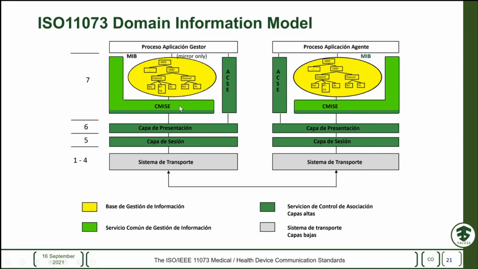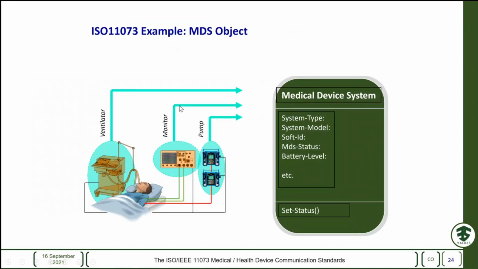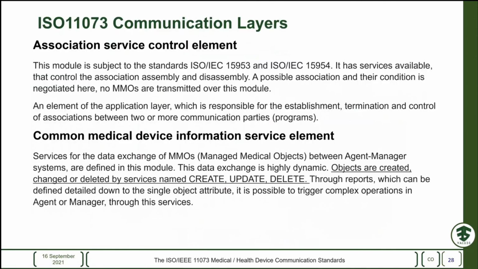For example, at the time of creating boxes, we have here different services that are provided. Objects are created, changed, or deleted by services named create, update, delete, and that is part of the activity that is carried out in the CMDIS.